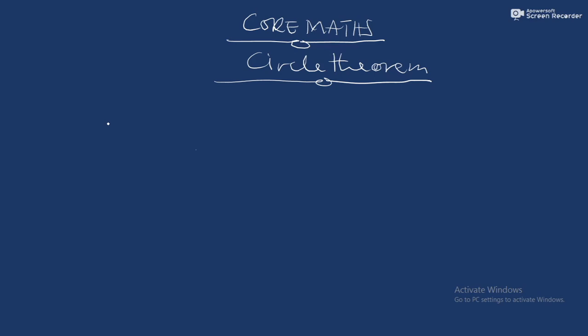Now, circle theorems are basically some facts about the circle, some proving properties of a circle. This theorem that we are going to look at, you can prove it through construction, but we are not going to do that.